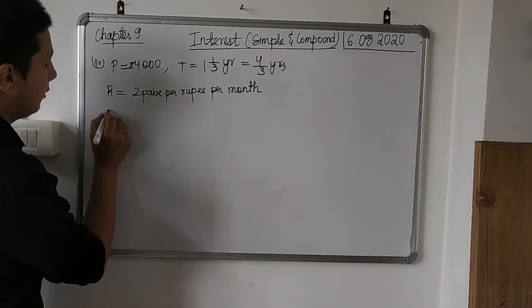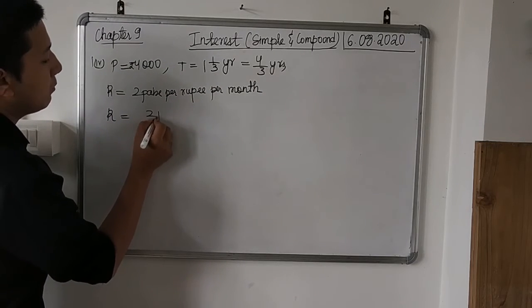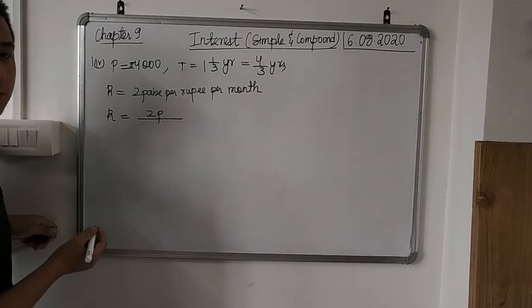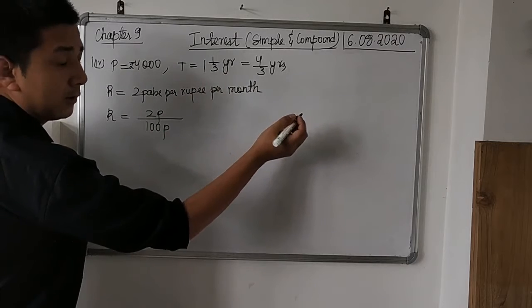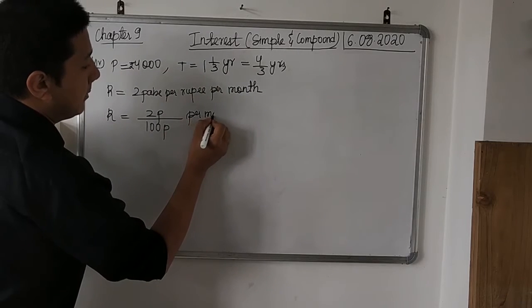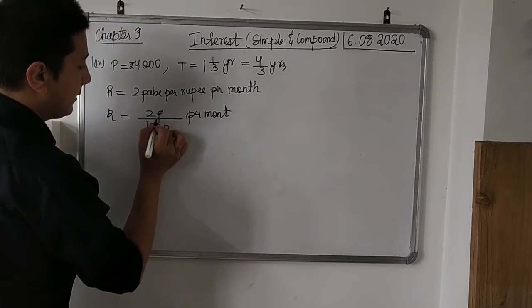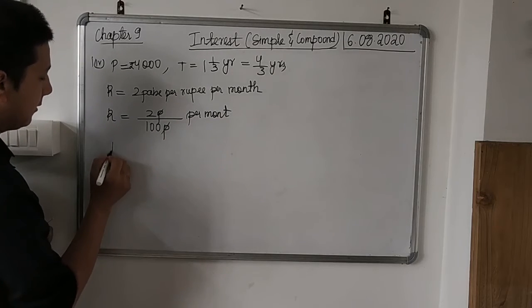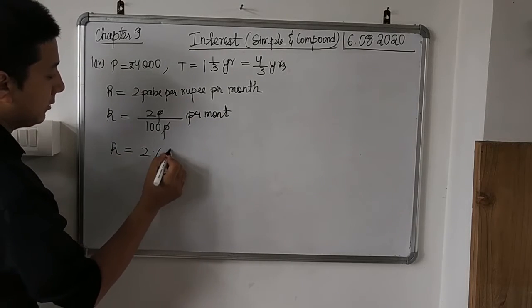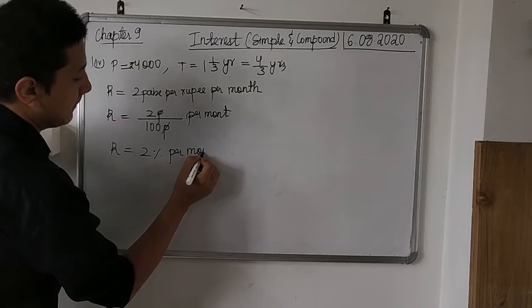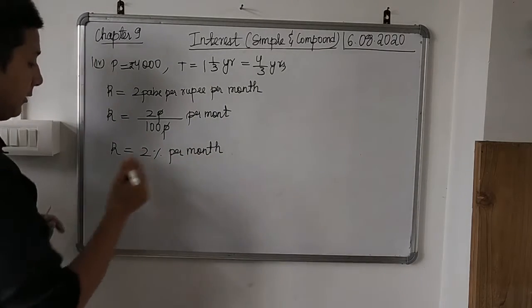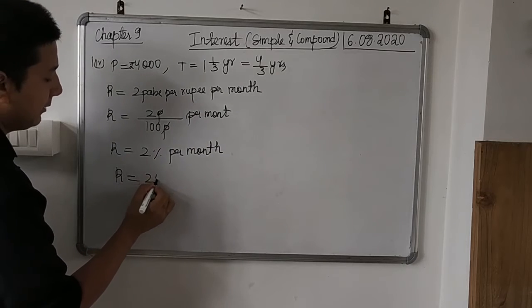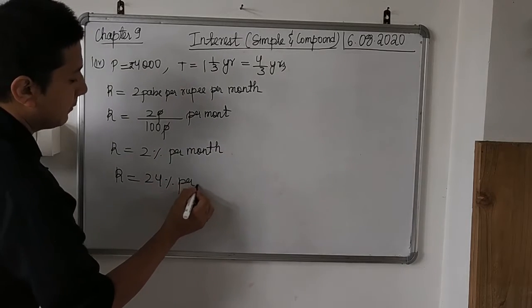So therefore rate is 2 paisa per rupee means 2 by 100 per month. So paisa gone. Is it 2% per month? Because 2 by 100 means 2% per month. So therefore per year it will be 24% per year.